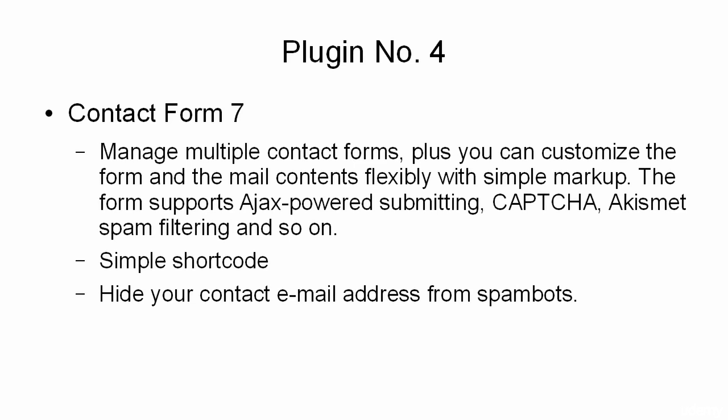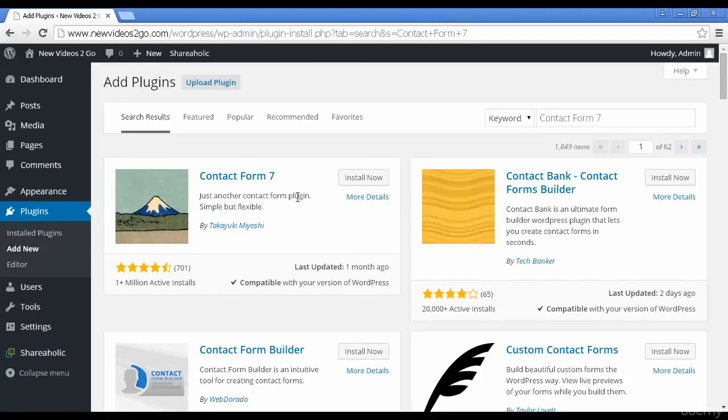The form supports Ajax-powered submitting, captcha, Akismet spam filtering, and so on. It's a very simple shortcode to insert it into your blog, and it enables you to hide your contact email address from spam bots. And this is the one we want, Contact Form 7. So let's just get that installed.